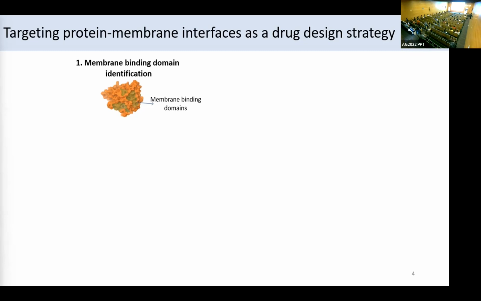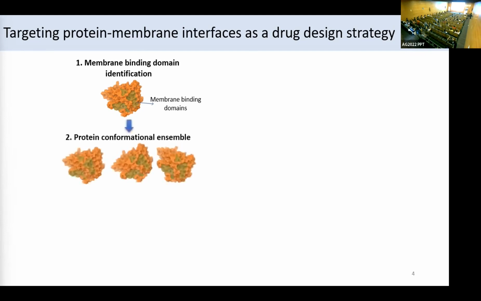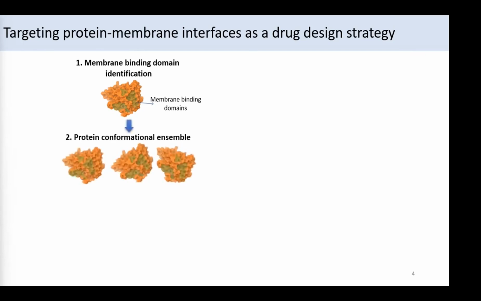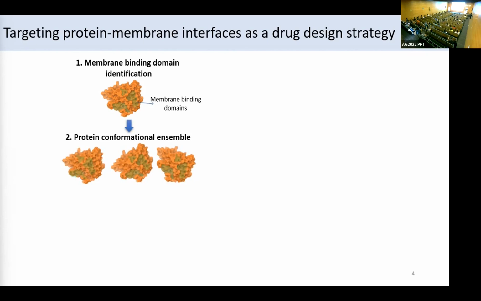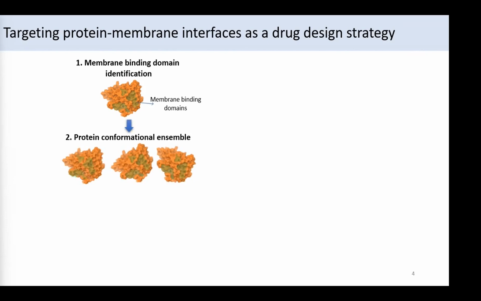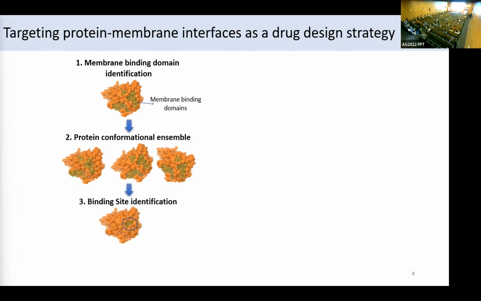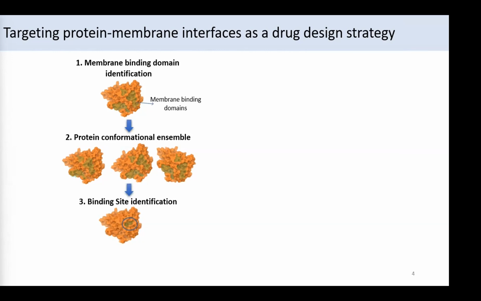So our workflow starts with the identification of these membrane binding domains, because usually these are unknown. Then the next step is to apply a protocol for conformational ensemble generation, because proteins are dynamic in nature and we need to account for that, and find binding sites in these protein membrane interfaces.